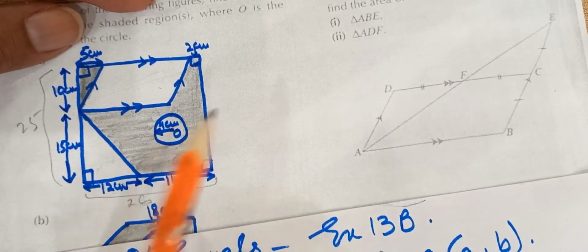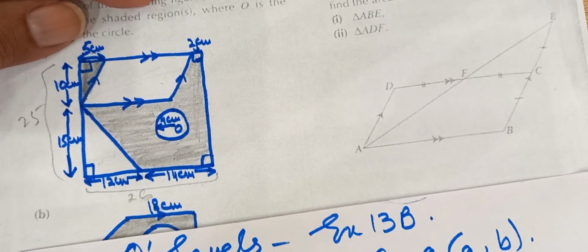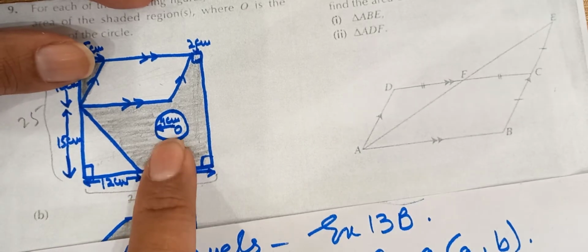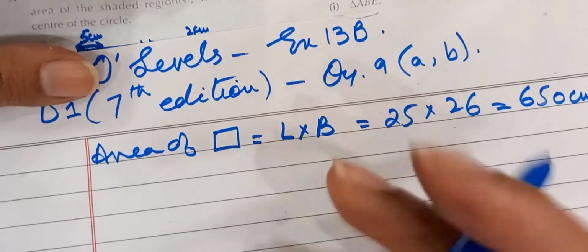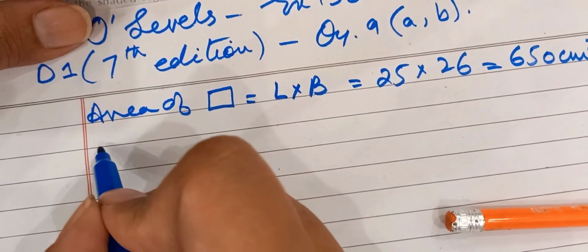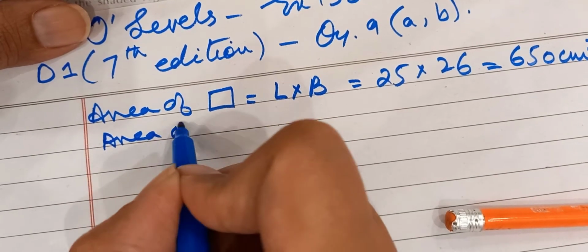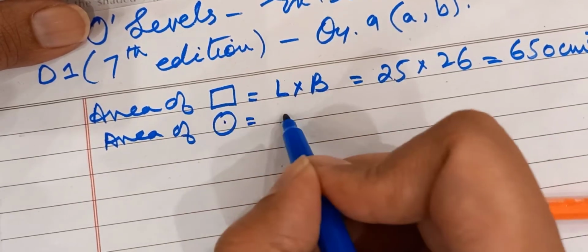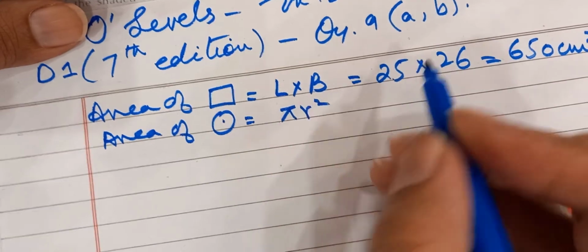get my required answer. So first of all, I am going to calculate the area of the circle. Area of circle is equal to pi r square.